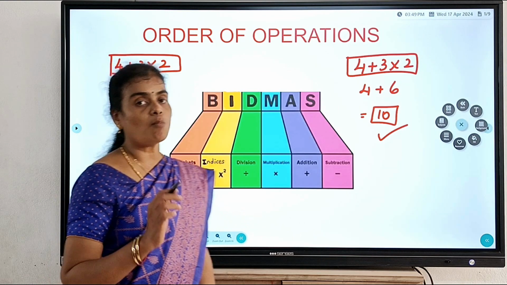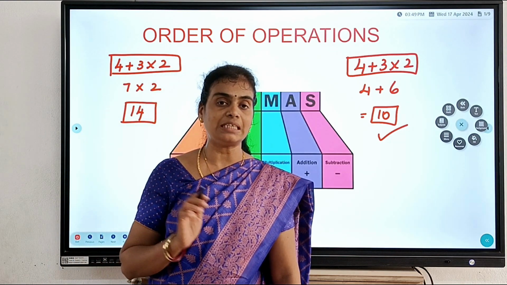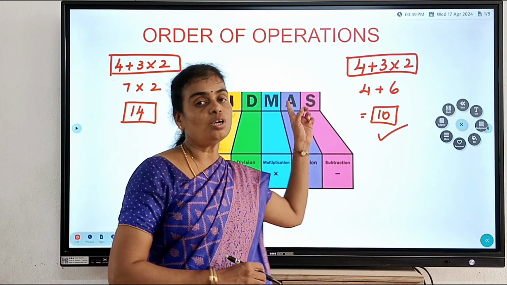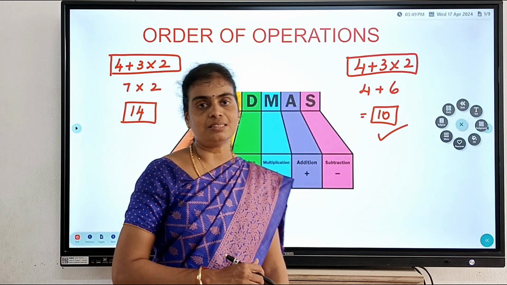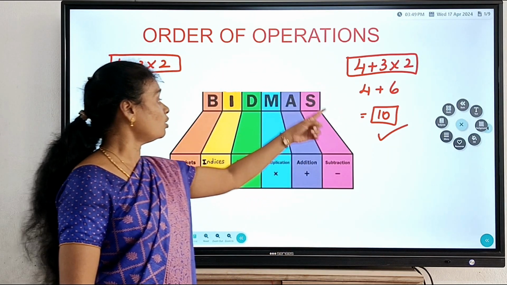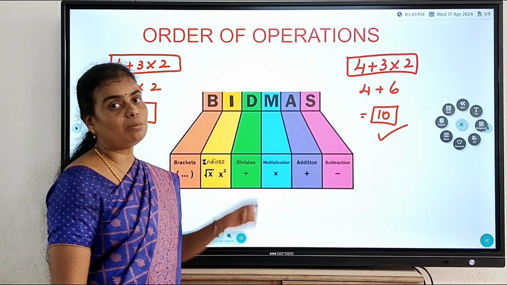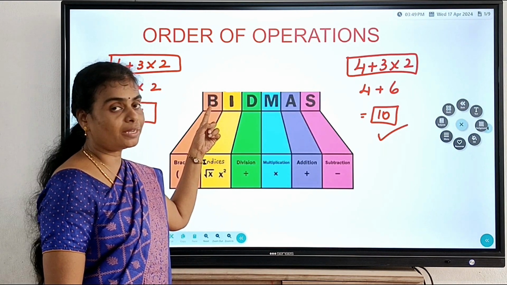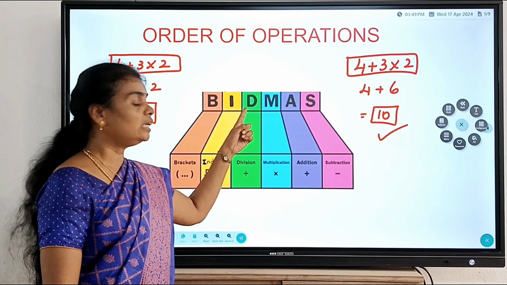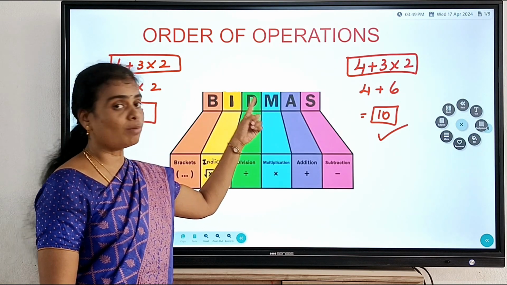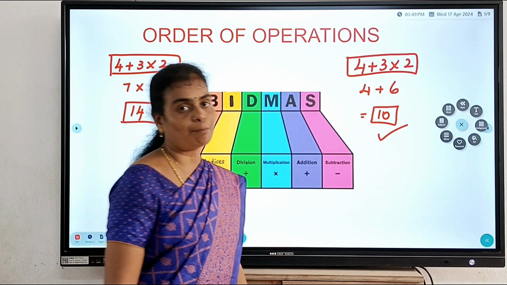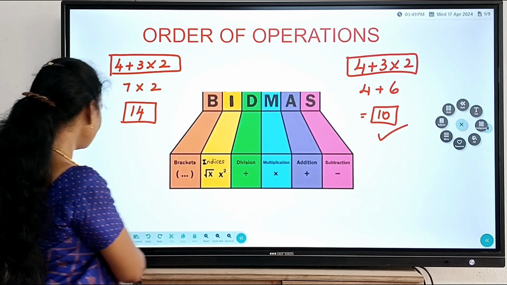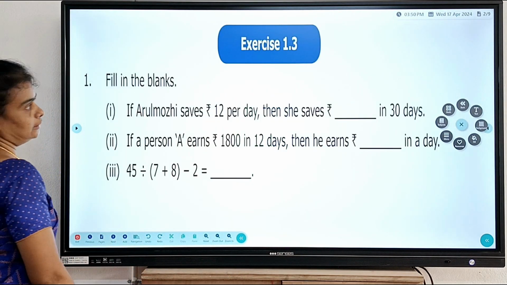So when two or more signs are involved in the same equation, this order has to be followed so that you get the correct answer. So BIDMAS: B for bracket, I for indices, D for division, M for multiplication, A for addition and S for subtraction. Now let's get into the exercise.